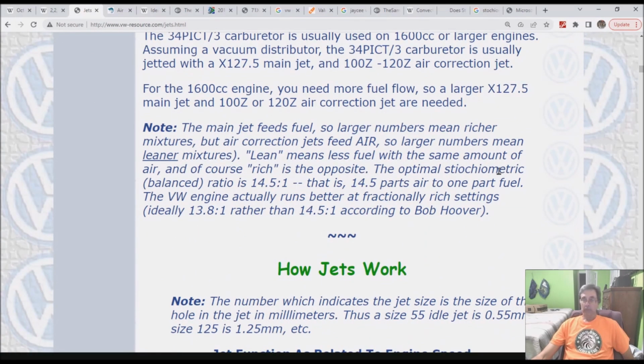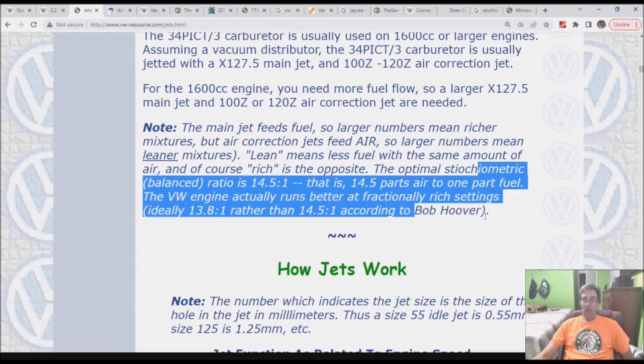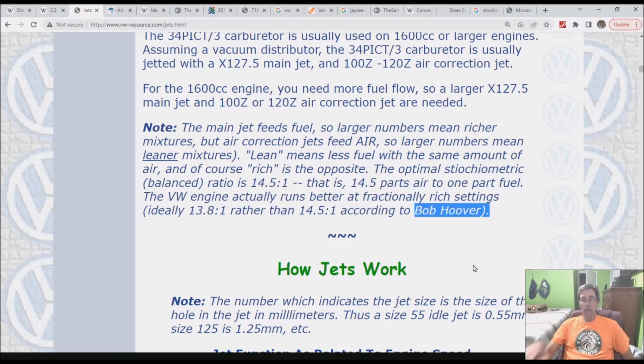So we come to this note right here. The optimal stoichiometric ratio is 14.5 to 1. That is 14.5 parts air to 1 part fuel. We'll get into that in just a little bit. The VW engine actually runs better at fractionally rich settings, 13.8 rather than 14.5, according to Bob Hoover. And I've told you in my videos, do not listen to Bob Hoover. First of all, it's not 14.5, and ideally 13.8.